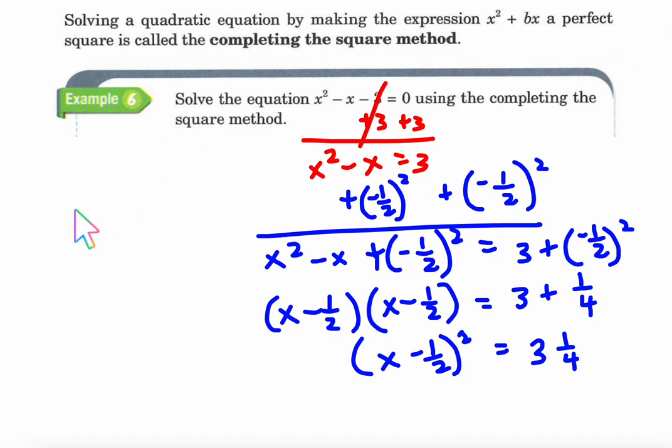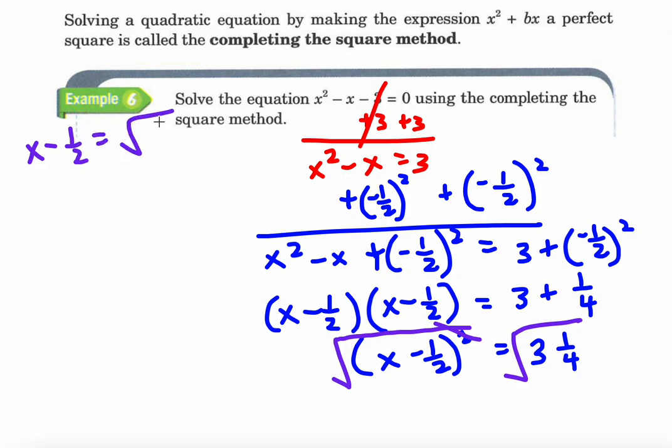Okay, so let me do that here. x minus 1/2 squared means I have to square root to get rid of that. So now x minus 1/2 is what's left over, equals square root of 3 1/4. Now remember, it could also equal the negative version of that. So I actually have two different possible answers.